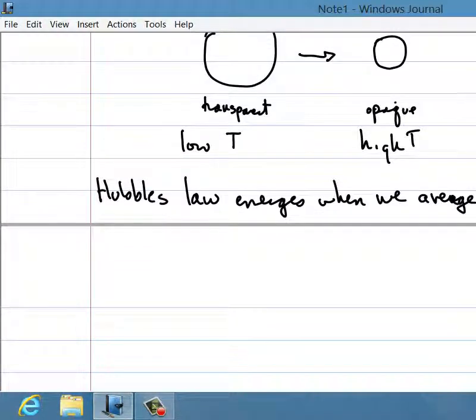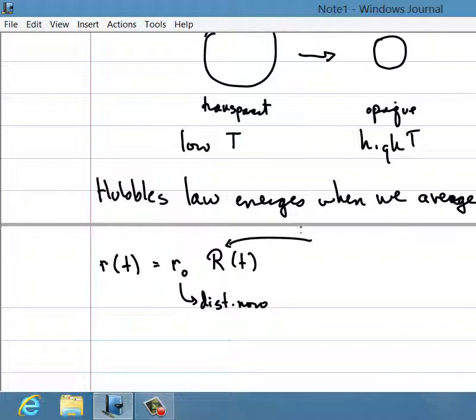Okay. So another way of phrasing Hubble's law is that the distance to some galaxy as a function of time is going to be the distance now, which I'll call R0, times some factor that I'll call capital R of t, which changes in time due to the expansion of the universe.